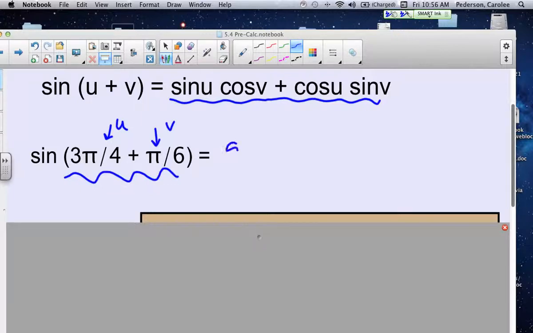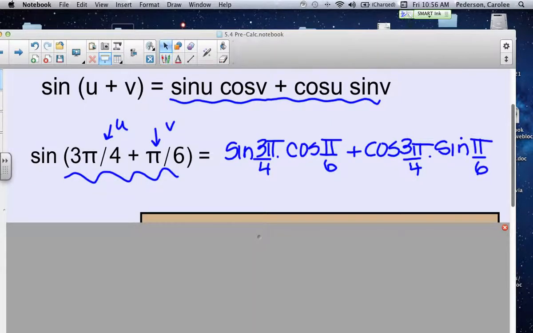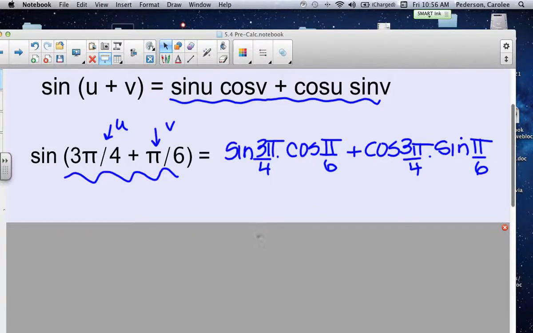So we say, what is the sine of 3 pi over 4 times the cosine of v, which is pi over 6, plus the cosine of u, 3 pi over 4, times the sine of pi over 6. And then we use our unit circle to get those exact values.